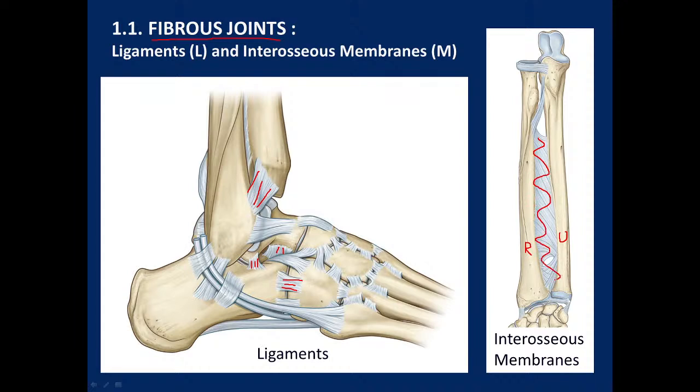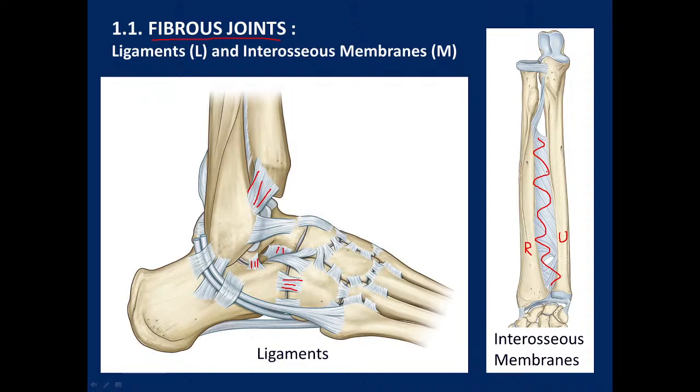a flat connective tissue structure that we call a membrane. Like here is the interosseous membrane, because it is between two bones.